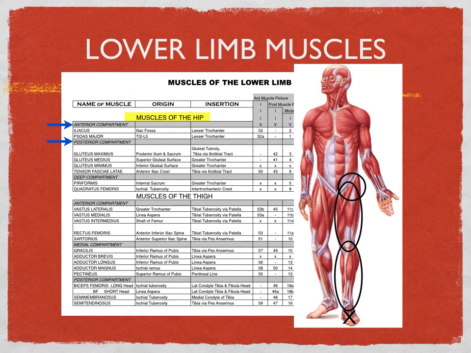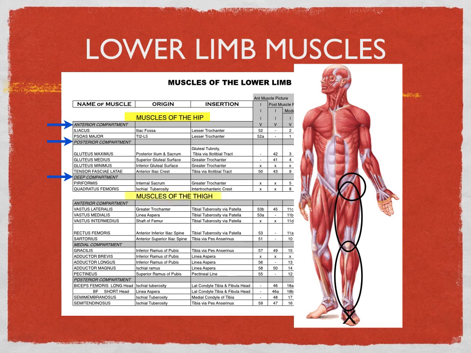Most people learn that when they're in about 2nd or 3rd grade. And then there is a deep compartment of muscles. So in each of the 2 cases thus far, we've had an anterior compartment and a posterior compartment, and then something else. We had a lateral in the leg. We've got a deep compartment here.